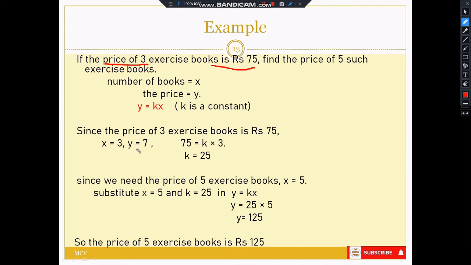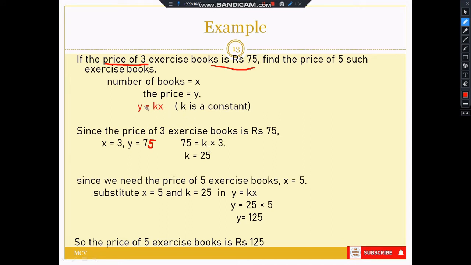Therefore, you can substitute 75 for y. And the number of books is x, so x is 3.